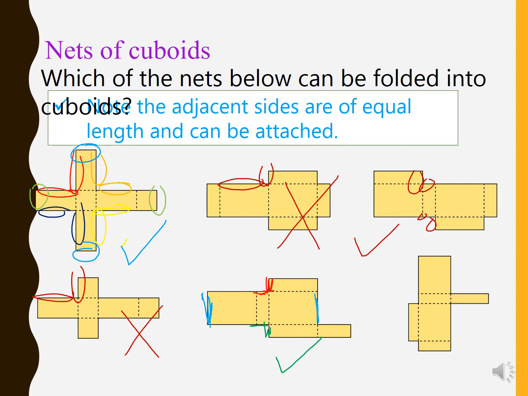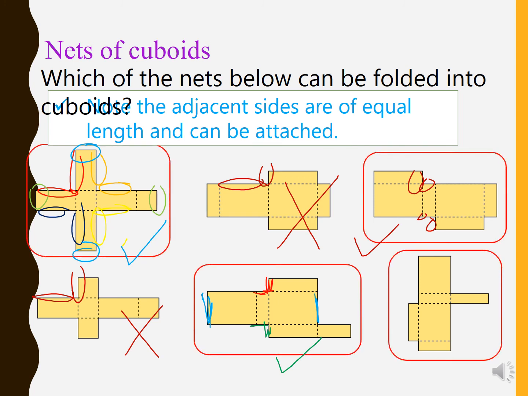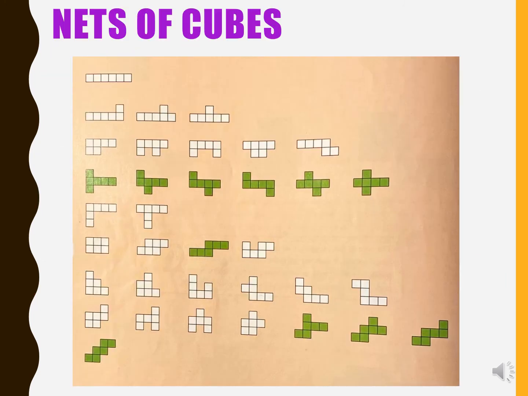What about the last one? You may try by yourself. You should find that all the adjacent sides are of equal length. Like this, okay?